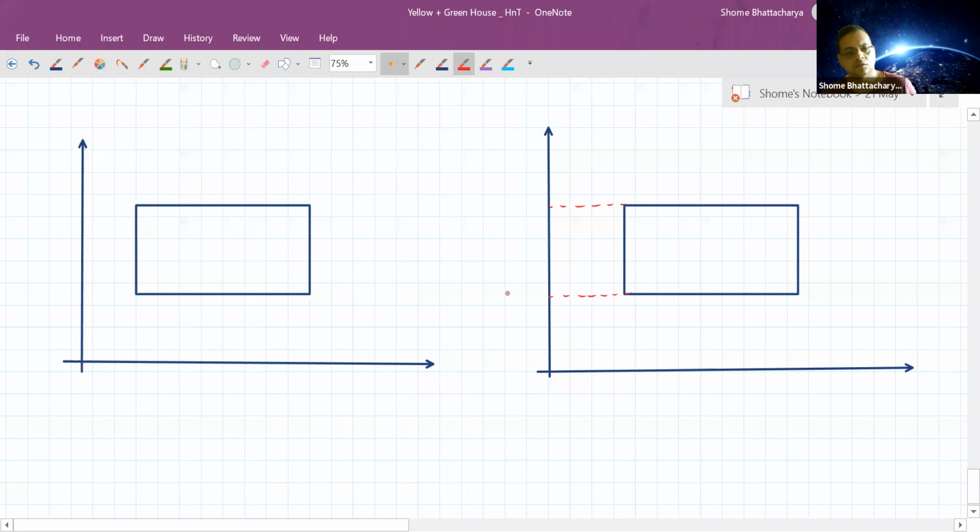So this is 2 atmospheres, this is 4 atmospheres. This is 3 liters, 9 liters. So automatically everything else will follow as the same.